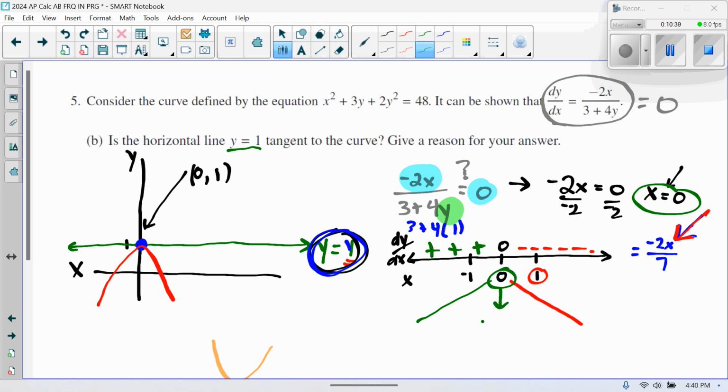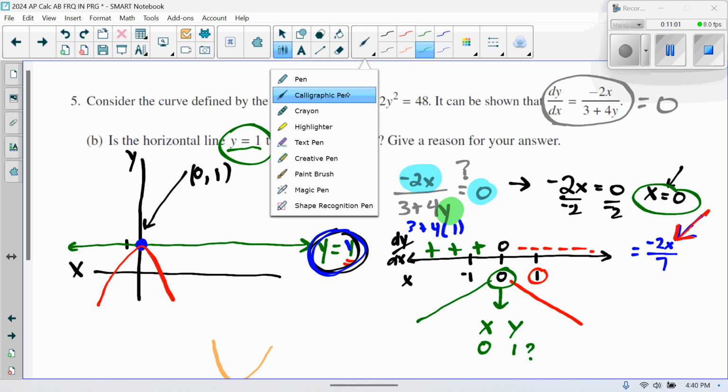I know that x is 0, but what's the y? Is it 1? If it's 1, then yes, I have a tangent line, because that's what it's asking me about. But if it's not 1, then my max is at x equals 0, but it's not where y is 1, and I wouldn't have a tangent line there.